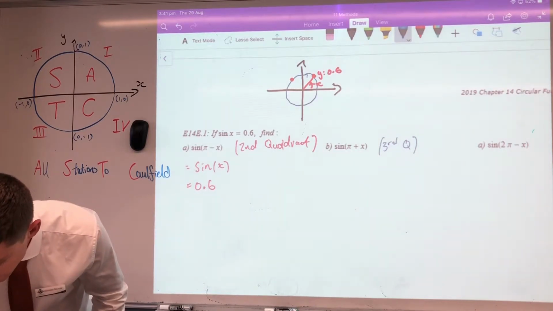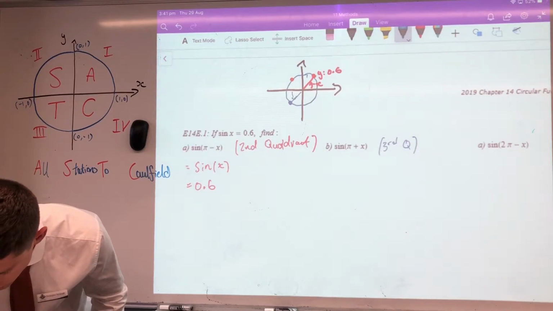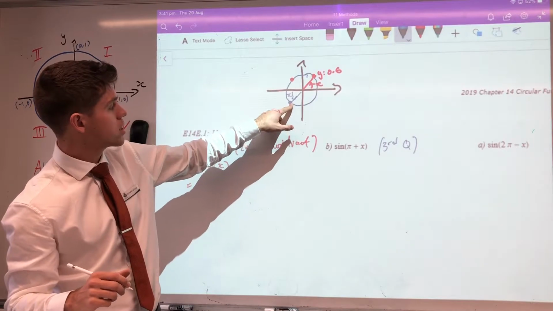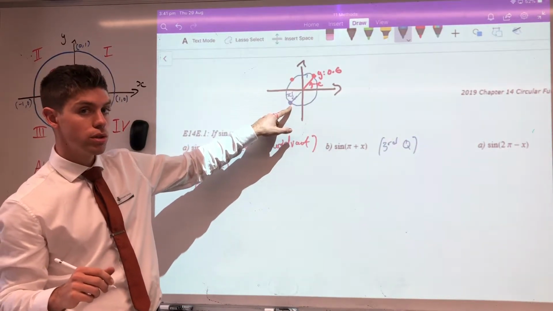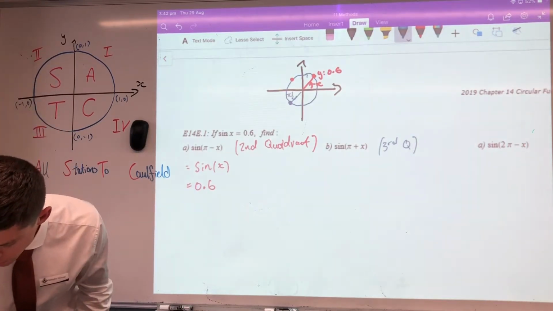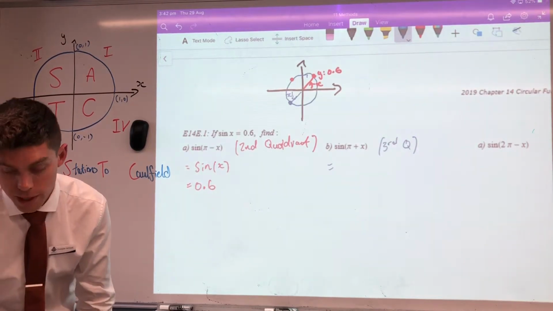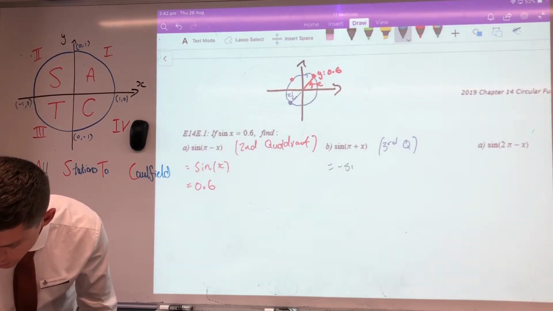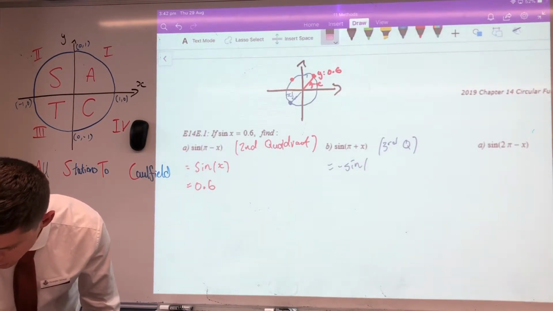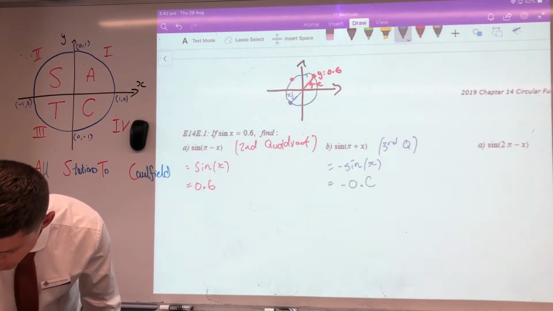So if we're subtracting that x value, then the y value is going to be the same magnitude, but the negative value of that magnitude. So sine of pi plus x is equal to negative sine of x, which equals negative 0.6.